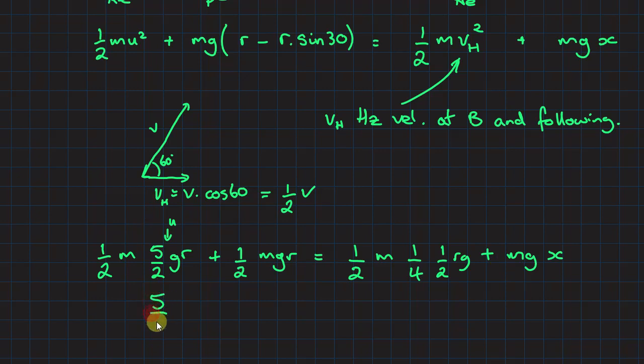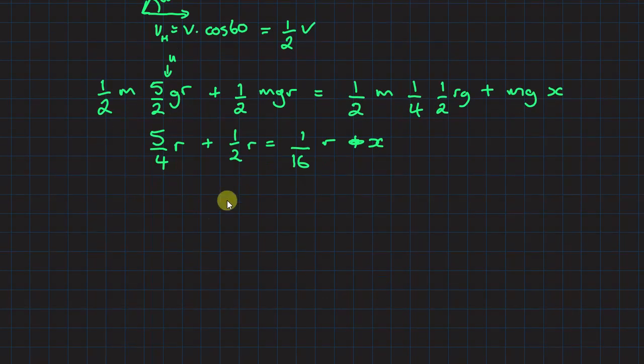So I've got 5/4 of r plus a half of r is equal to 8/16 of r, plus x. So if I rearrange, put everything into a common base, so that's going to be 20, multiply that by 4 to give me over 16.